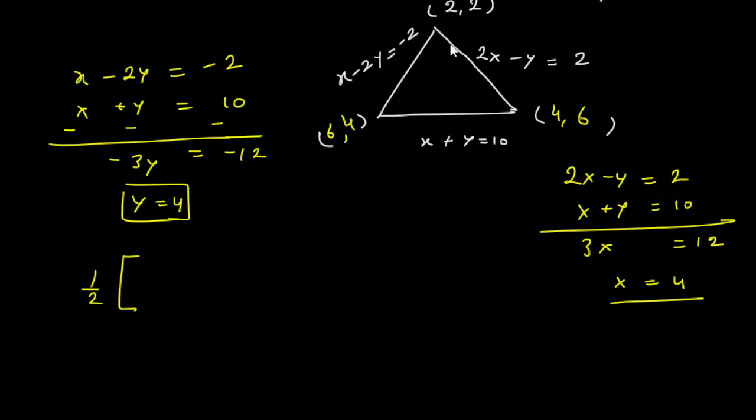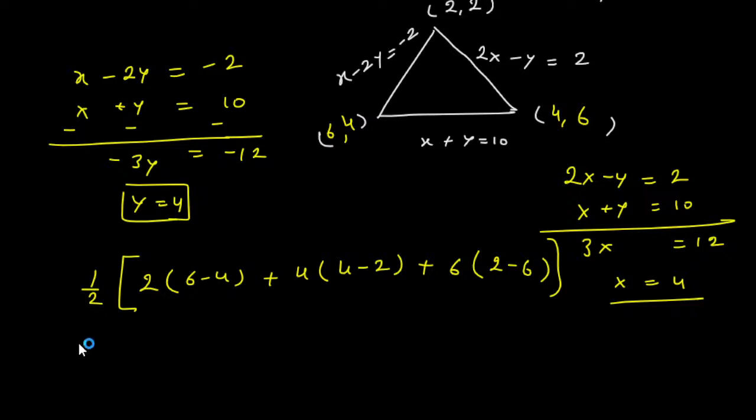Here, any x coordinate we take, like 2 we take, then it is y2 minus y3. That means we can say 6 minus 4, plus then I will take another x coordinate which is 4, then it is 4 minus 2, and then I will take the third x coordinate which is 6, then it is 2 minus 6.